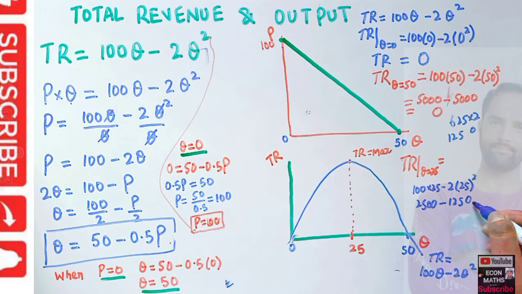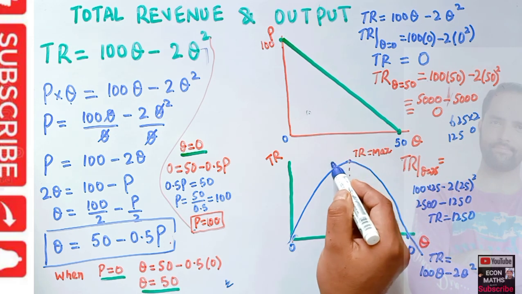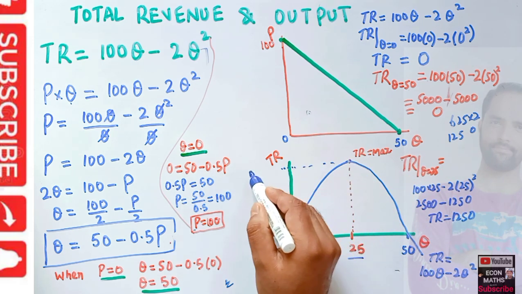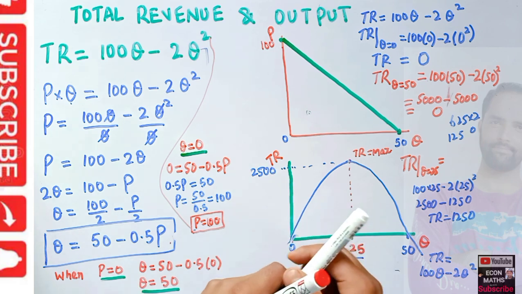Subtracting 1250 from 2500, we get a total revenue of 1250. Let me repeat again here.